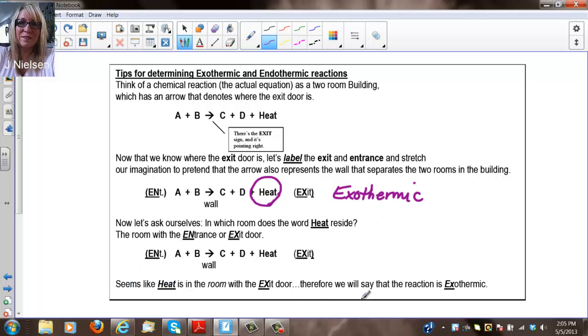So heat is in the room with the exit, so it's exothermic. If heat was on the left, so if I had A plus B plus heat yields C plus D, then my heat resides in the room with the entrance, so this would be endothermic.